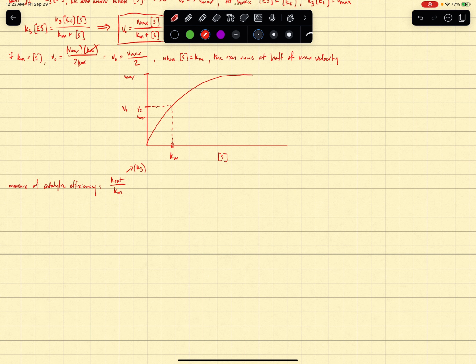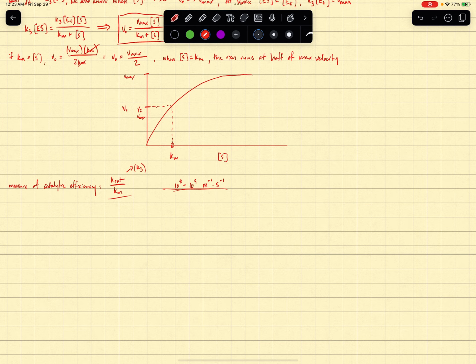And so the upper limit for that, because this is a second order reaction, is going to be 10 to the 8th to 10 to the 9th per molar per second. And so whenever he asks you to calculate catalytic efficiency, you're just going to use that formula. And if he asks you, is this reaction working at catalytic perfection?